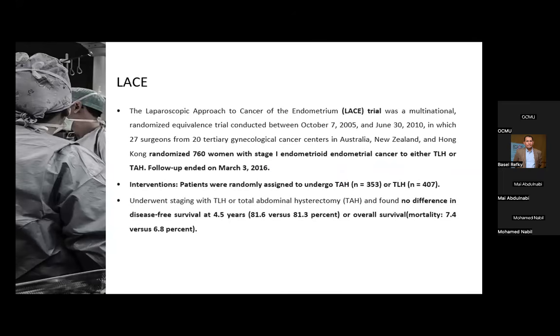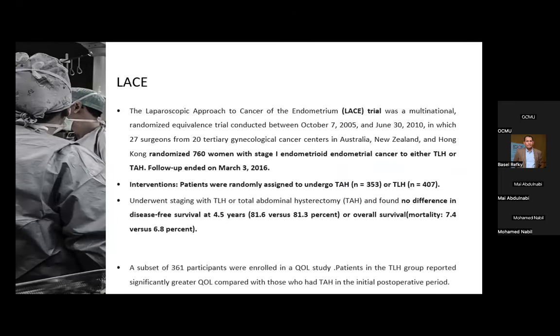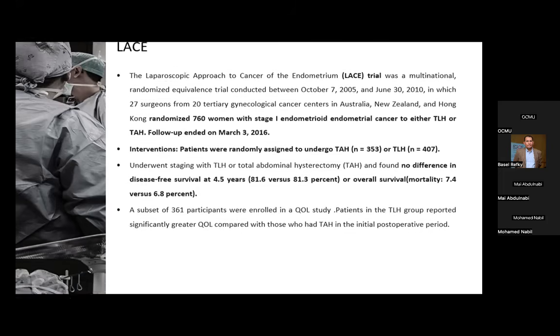The final results for the survival follow-up were published in 2016. They randomized 706 women with stage 1 endometrial cancer to either laparoscopic hysterectomy or abdominal hysterectomy. Okay. They found no difference in disease-free survival at 4.5 years or overall survival between the two groups of the LACE trial.